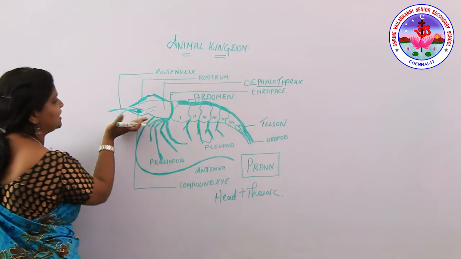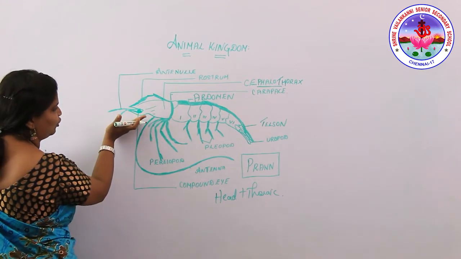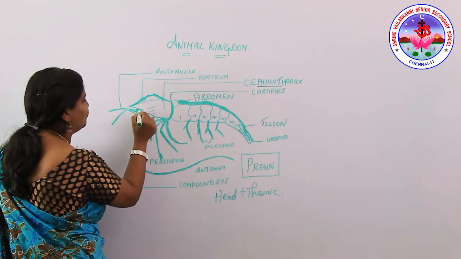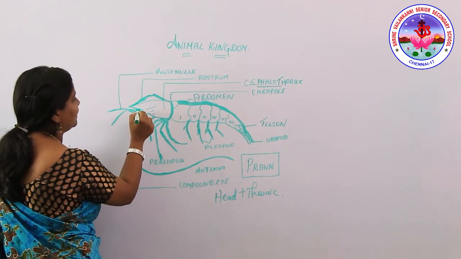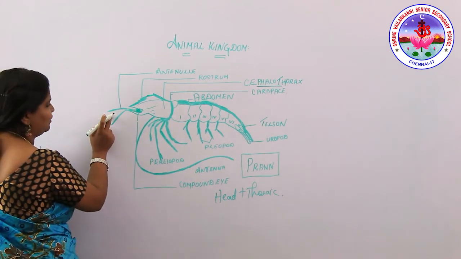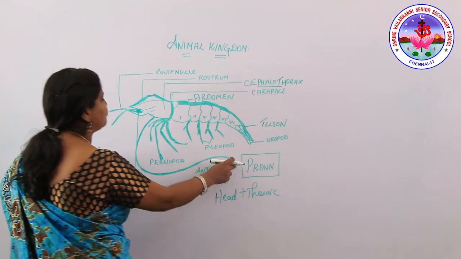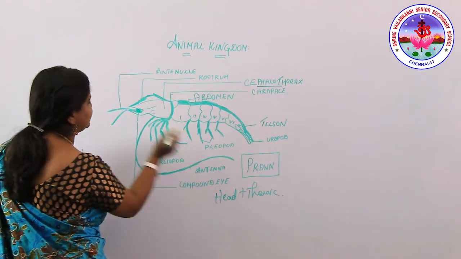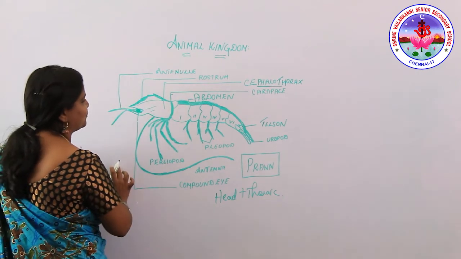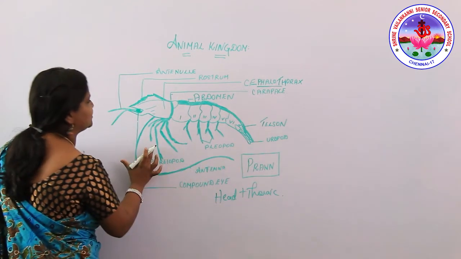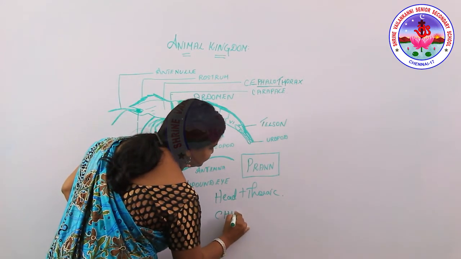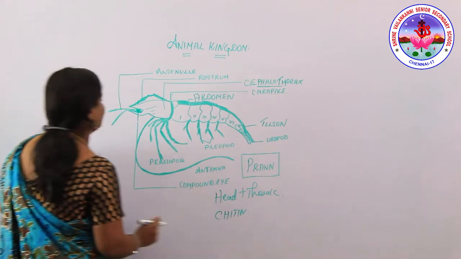When you study the cephalothorax region, first we study the head. The head has a compound eye, the dark black spot-like compound eye, and antennules and antennae to receive signals. Next, here you can see the saw-like structure called the rostrum. The whole body of the organism is covered by a shell made up of chitin.